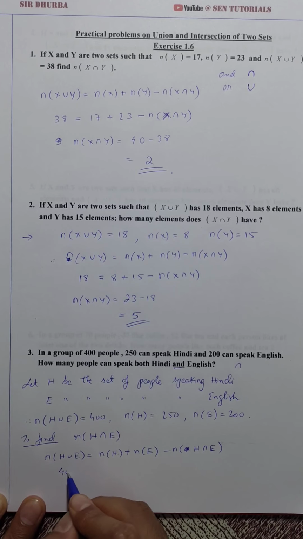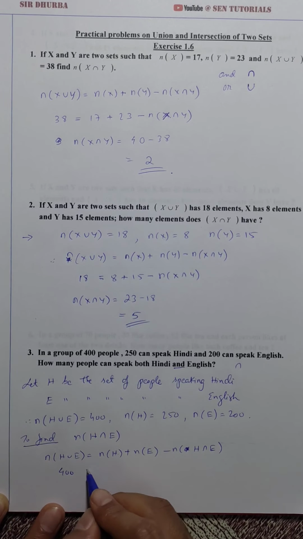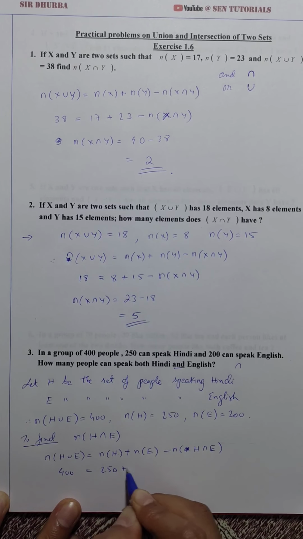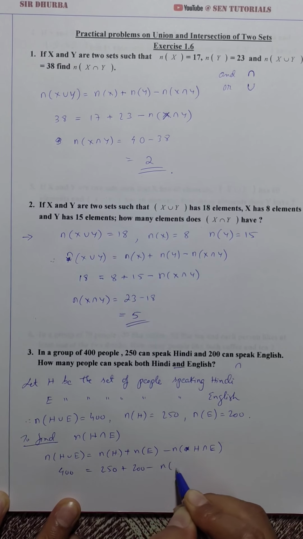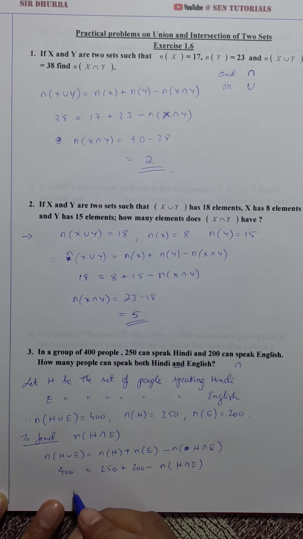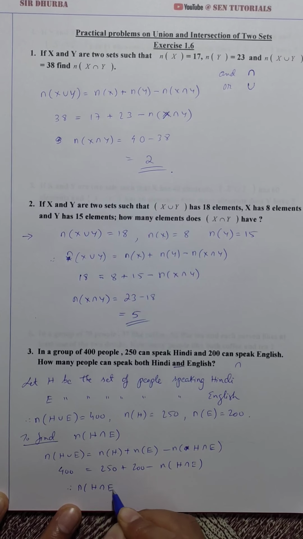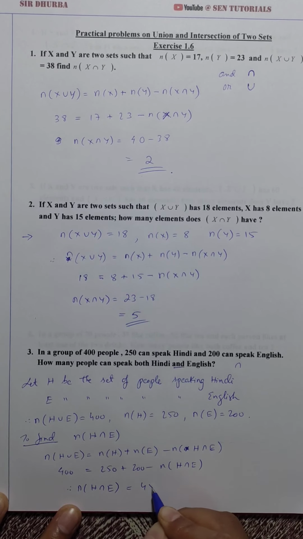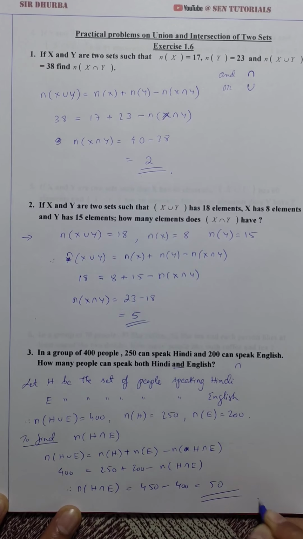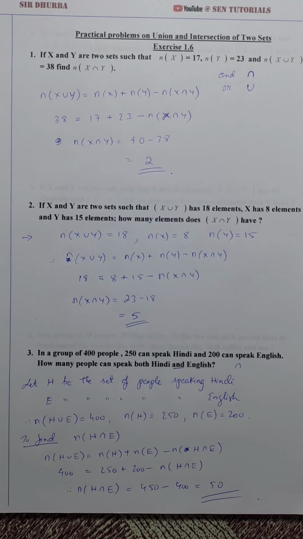So 400 equals 250 plus 200 minus the number speaking both. Therefore, the number of people speaking both Hindi and English is 450 minus 400, which is 50 people.